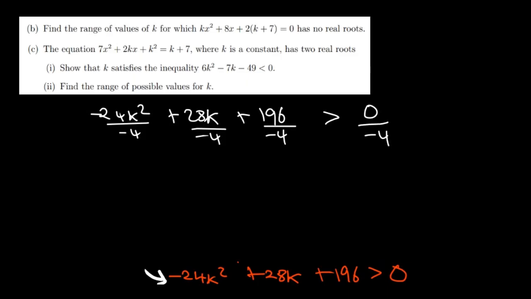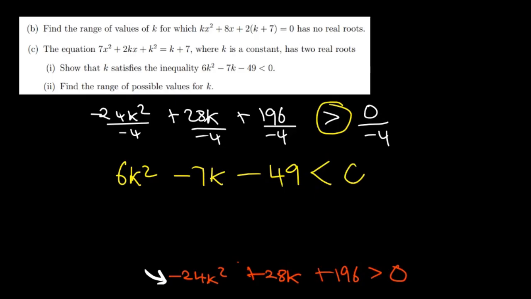Because we are dividing by a negative number, the sign changes from greater than to less than, so it is less than 0.